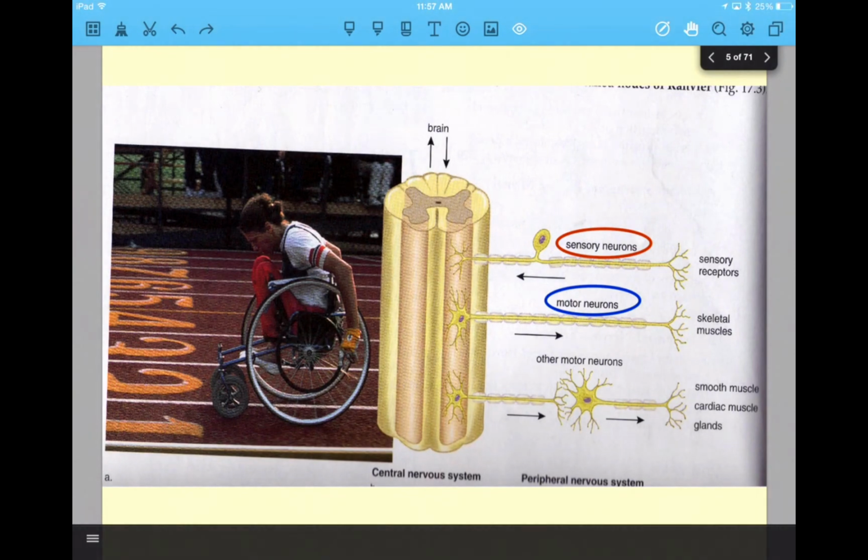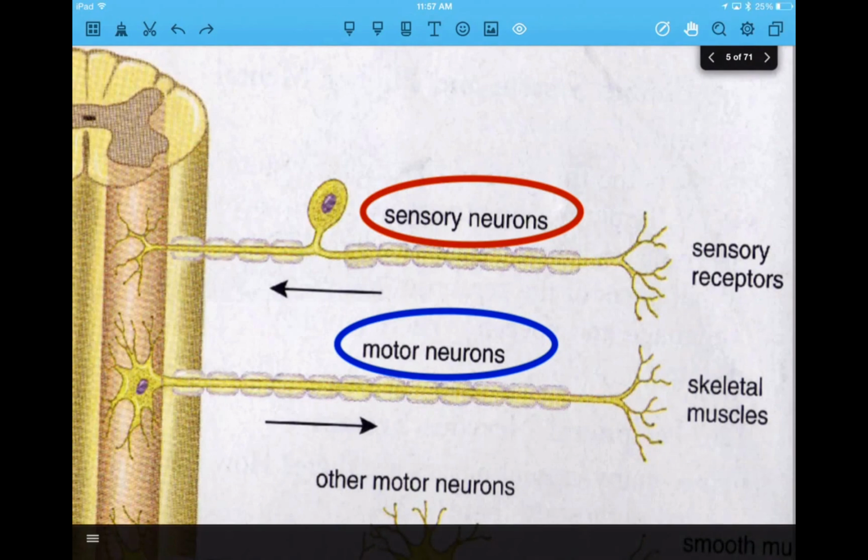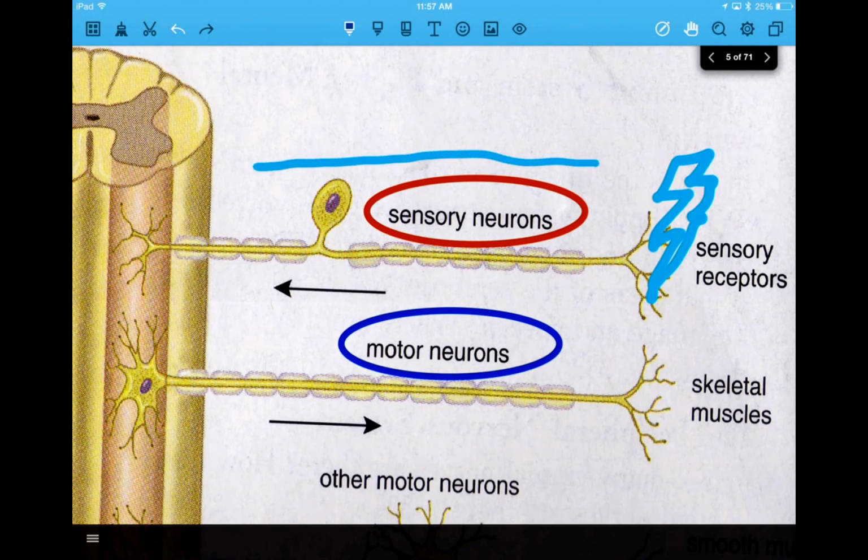If you sort of zoom in here, sensory neuron, let's say for example, you're sensing pain. So we'll draw a little lightning bolt, a little zap. And that information will travel down the specialized cell called a sensory neuron. It actually travels down many, but we're just keeping it simple here.